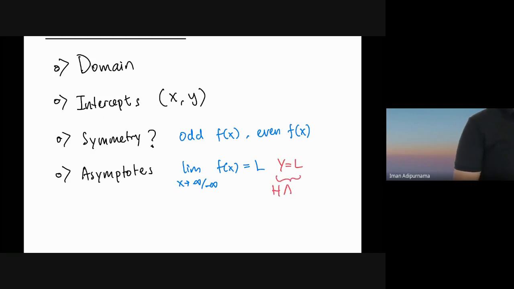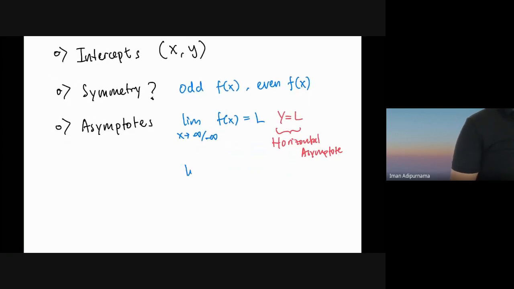Let me write the horizontal asymptote completely. And if you have the limit of x approaching a from the left or from the right of f of x, and it is infinity or negative infinity, then x equals a will be a vertical asymptote.